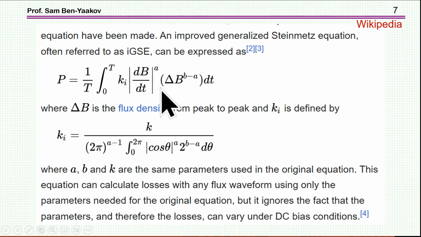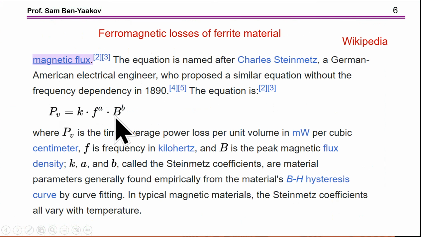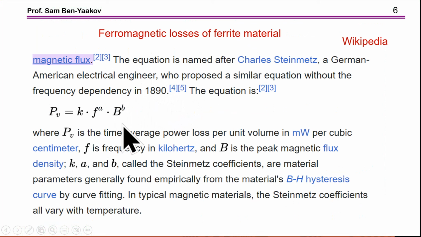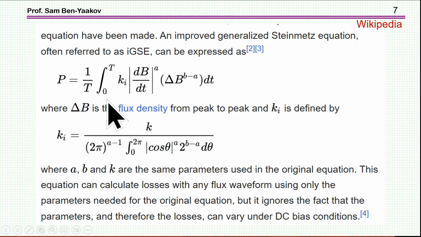In the basic Steinmetz equation the fitting is best for sinusoidal waveforms, while here it is extended to non-sinusoidal waveforms. And the nice thing about it is that the parameters, alpha and beta, or A and B, are the same as in the small signal. So you can run a small signal test and then use it for the larger signal.